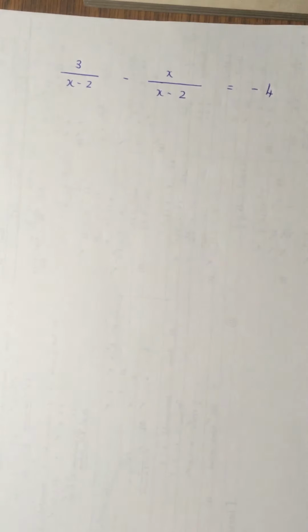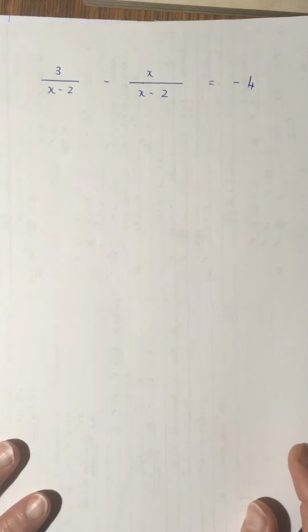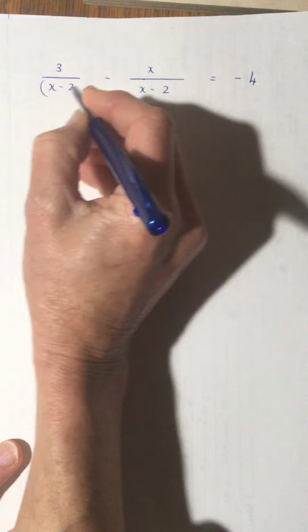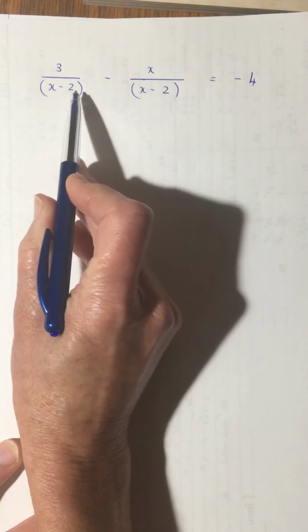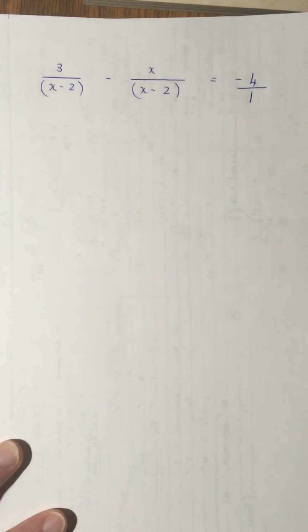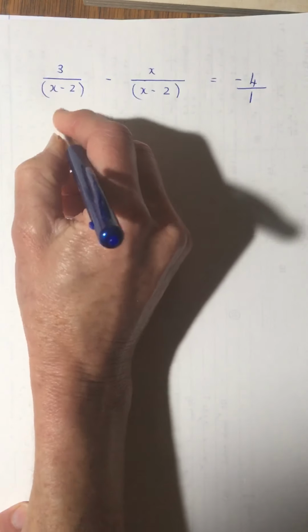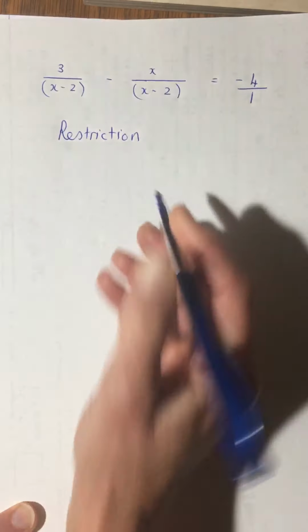If we switch to the second equation, here we have in the denominator two terms, x minus 2. I will put this minus 4 over 1. In this case, again, the restriction will be on the values of x.